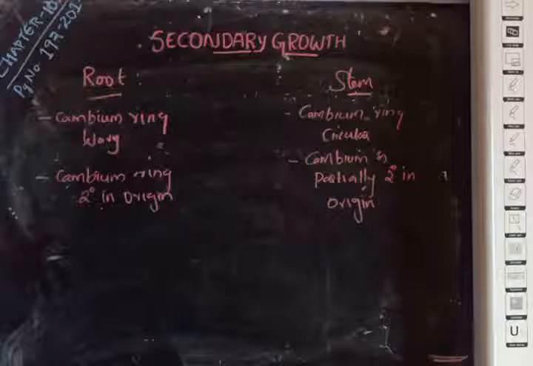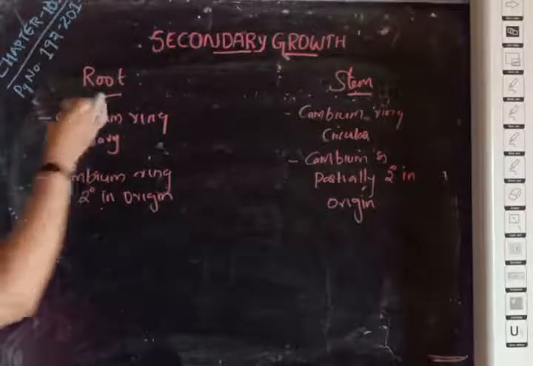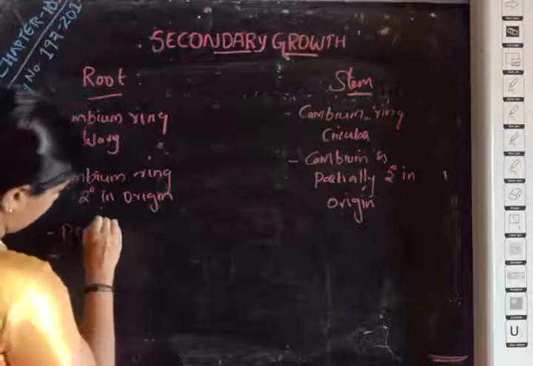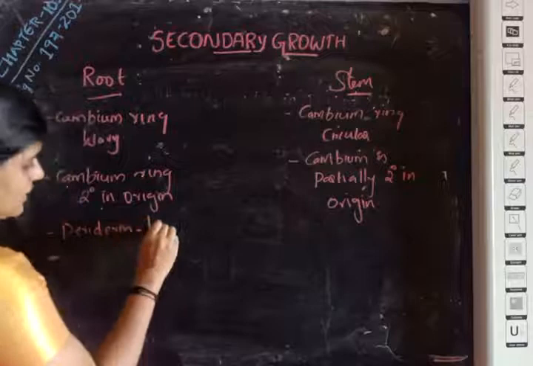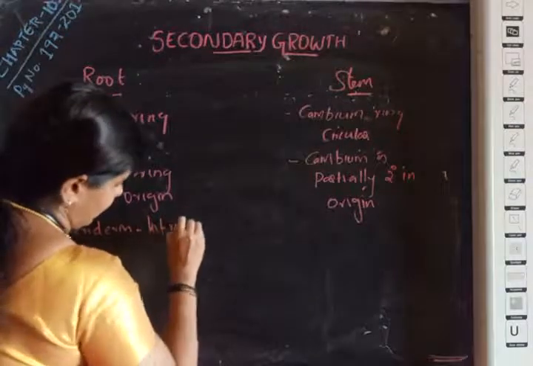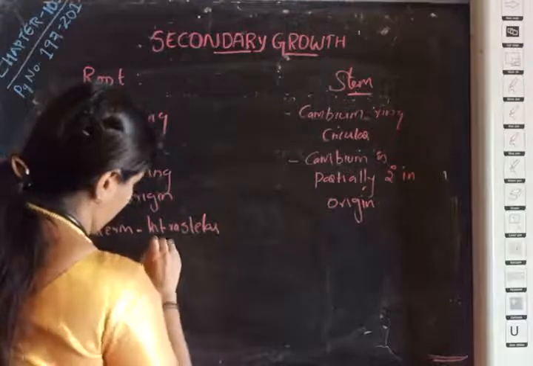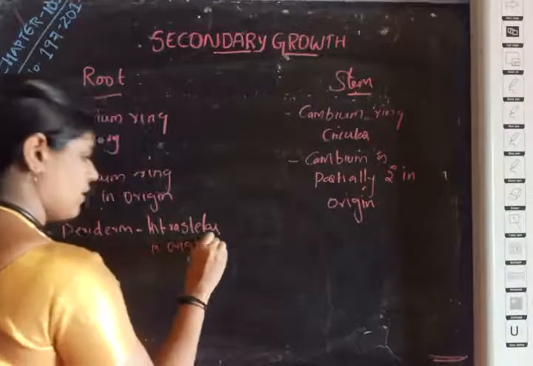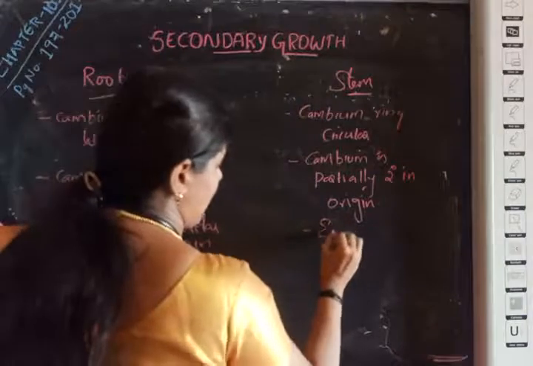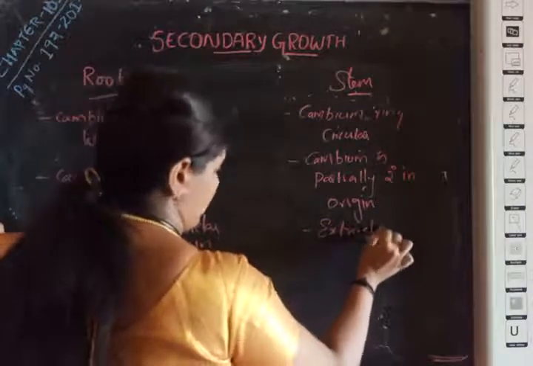Then the periderm originates from pericycle in dicot root, whereas the periderm originates from cortical cells in stem. That is, in root the periderm is intrastelar in origin, whereas in stem it is extrastelar in origin.